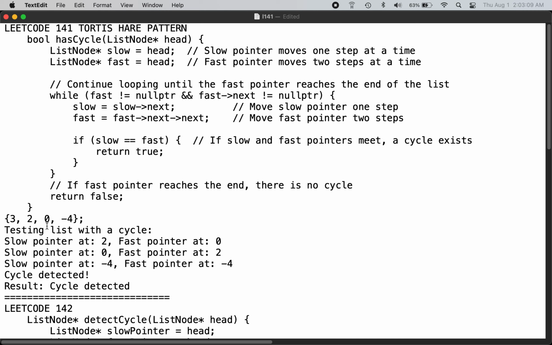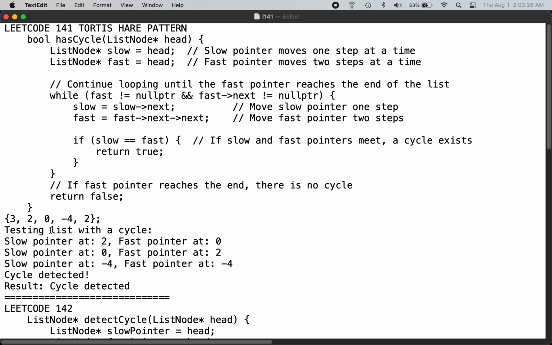So in this case there is a cycle in this linked list. There is a cycle at 2, so 2 is the next one if you keep traversing the linked list.